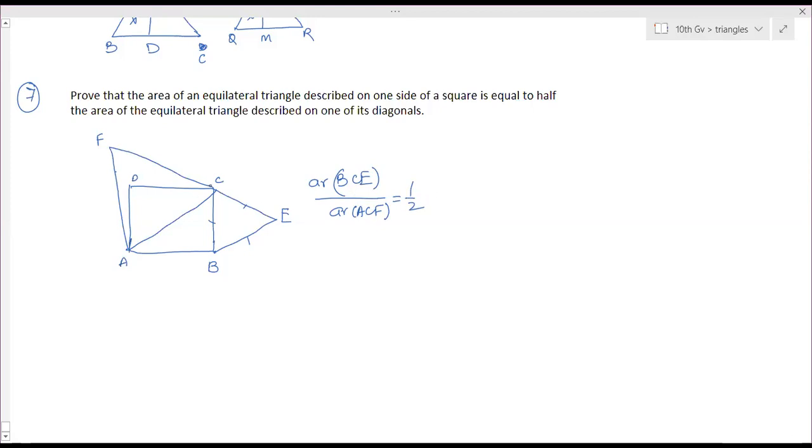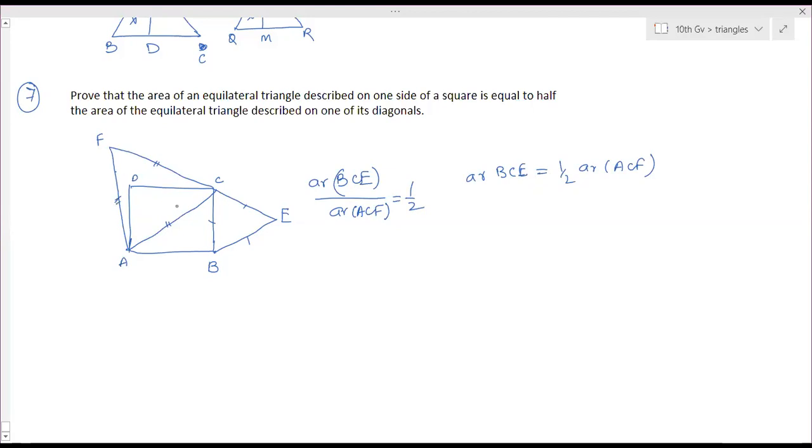BCE is half of ACF area. The area of triangle BCE is half of the area of triangle ACF, that we have to prove. How can we prove?